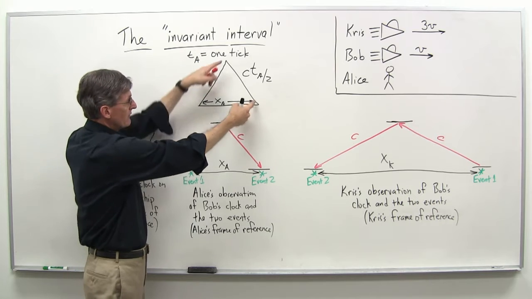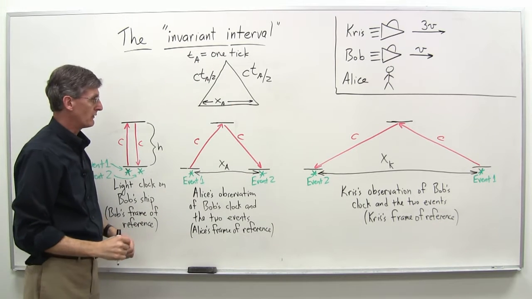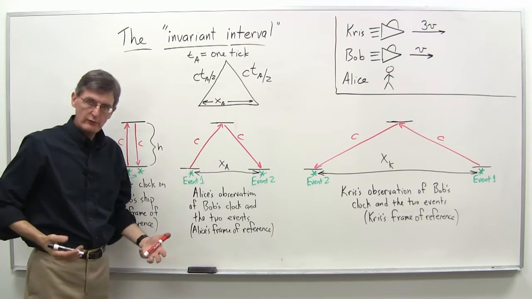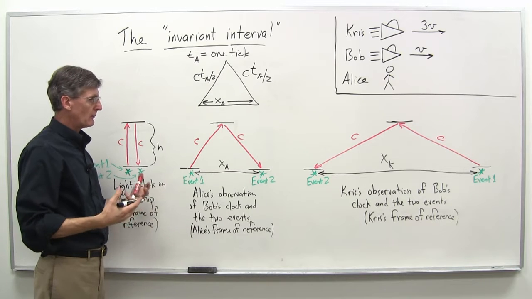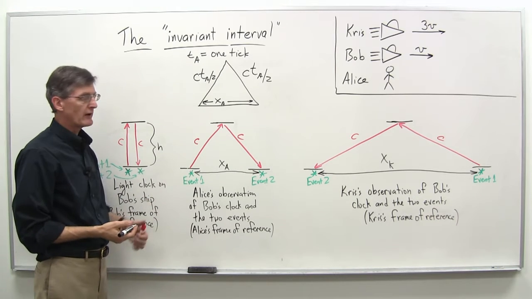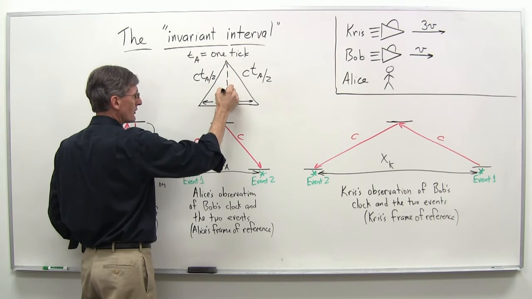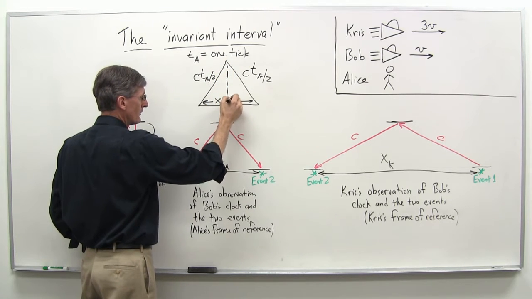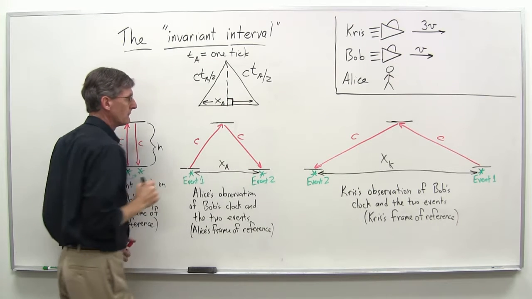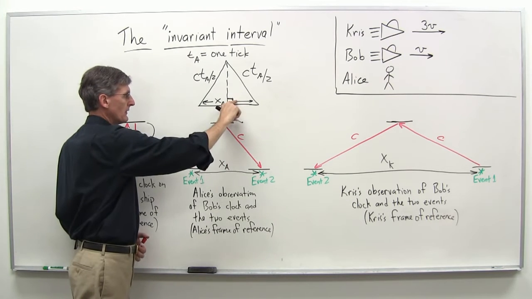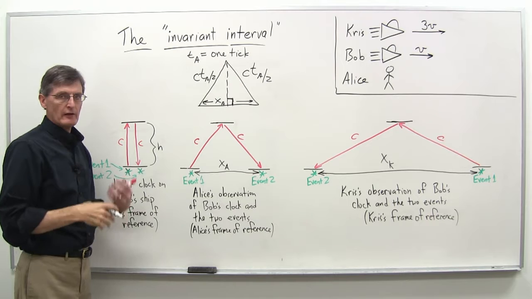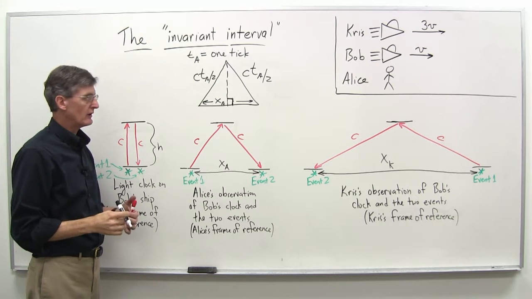xa is the distance here. c ta over 2 is the distance of that part of the leg. Now you may remember, of course, that the Pythagorean theorem applies to right triangles. And we don't have a right triangle here, but we can cut it in two, and that's a nice right angle there for us. That's again xa there. So now we have another triangle we can actually work with.